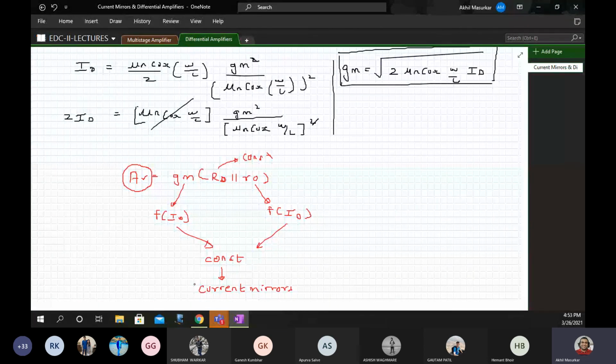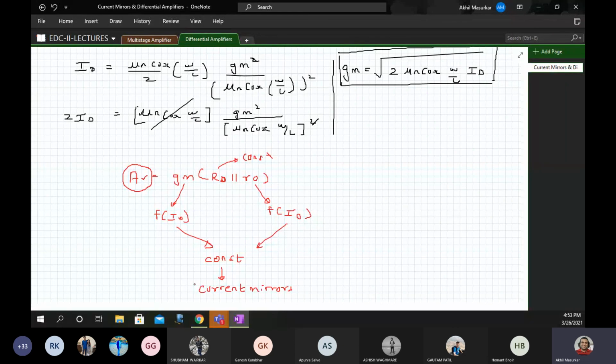Current mirrors are important, and their primary job is to keep the current constant. This current should be such that my transistors are always in saturation, so the current flowing through the MOSFET is always a saturation current, not a current which changes with voltage. More on that in the next class.